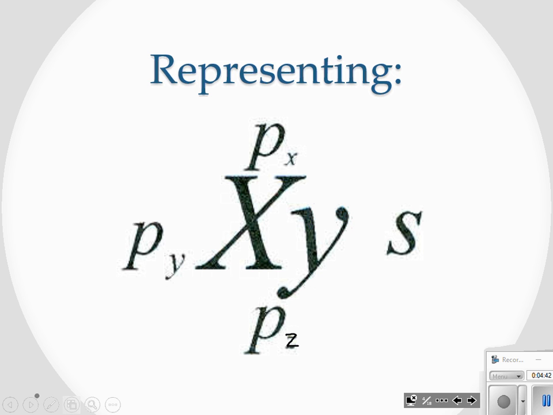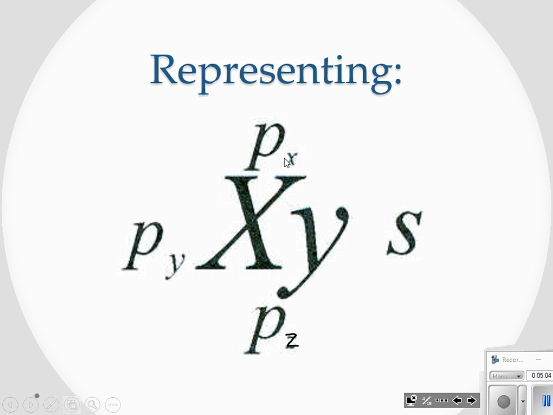So if we think like this, s orbital, right? How many electrons can an s orbital hold? How many electrons can any orbital hold? 2, okay? So here's an s orbital. Here's a px.